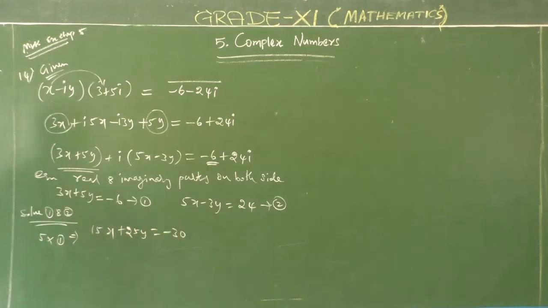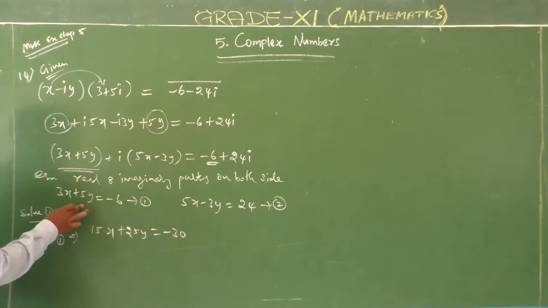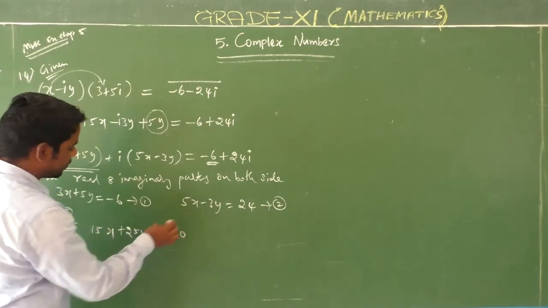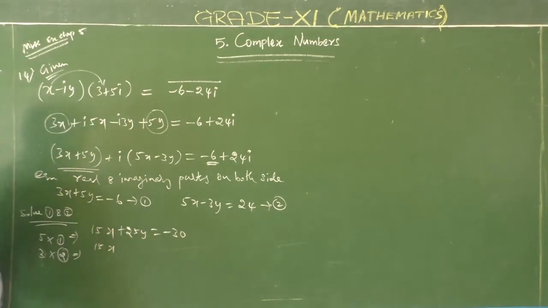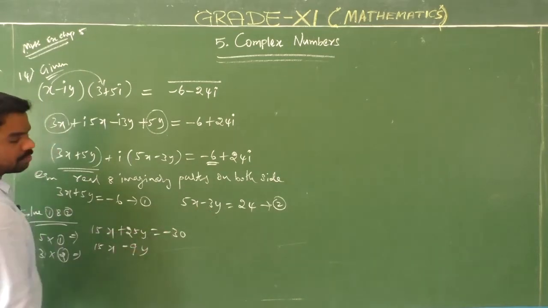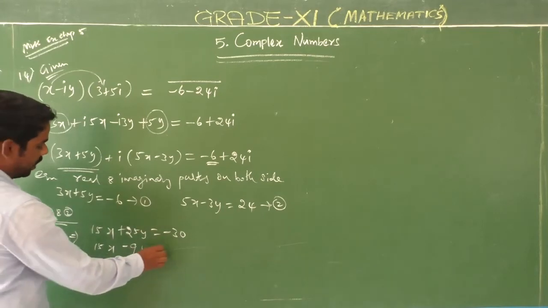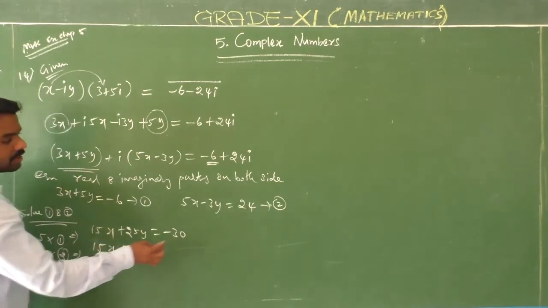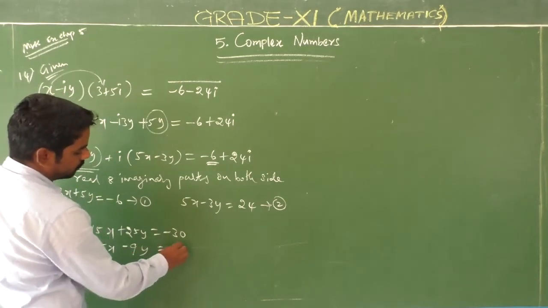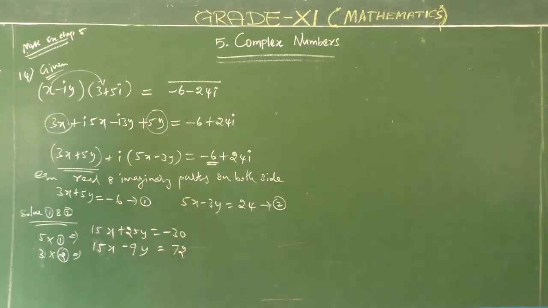Next, multiply equation number 2 by 3, which gives 15x minus 9y is equal to 3 into 24, which is 72.